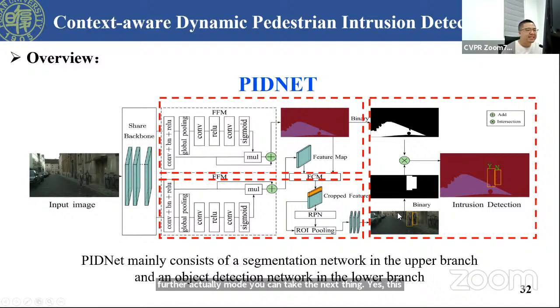The predictions detected within these ROI modules are fused with the original segmented road area and masked to get whether the detected prediction is standing on the road. So this is roughly the idea of our PID network.